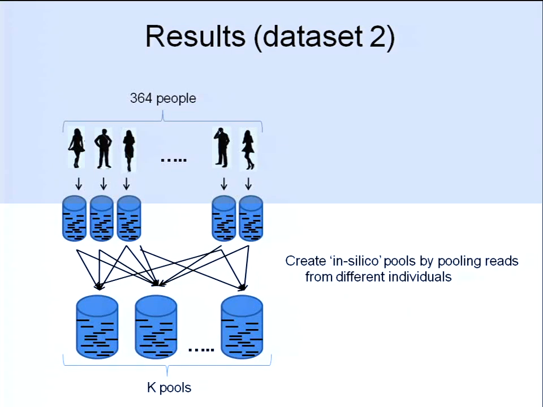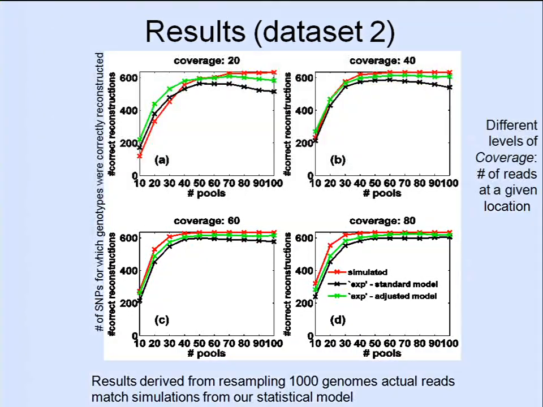Again, we create an in-silico pool. Here's the in-silico bootstrap population. Details are a bit different because the actual data is just one lane of reads, so we had to do the pooling ourselves. Again, we compute the performance predicted statistically and compare it with actual performance.